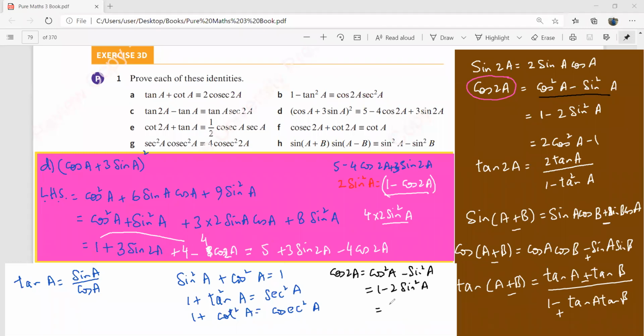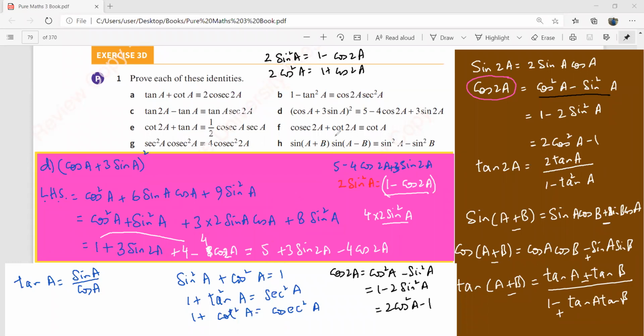And then you have 2 cos square a minus 1. And in your integration, which is going to be coming up, you will have to remember these rules by heart: 2 sine square a is 1 minus cos 2a, and 2 cos square a is 1 plus cos 2a. Okay?